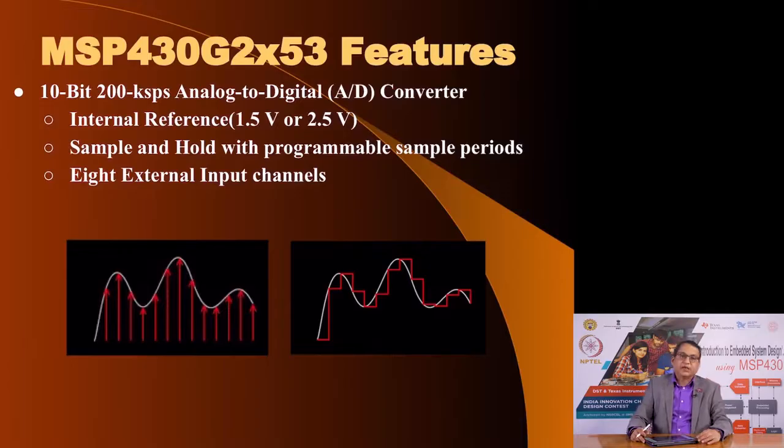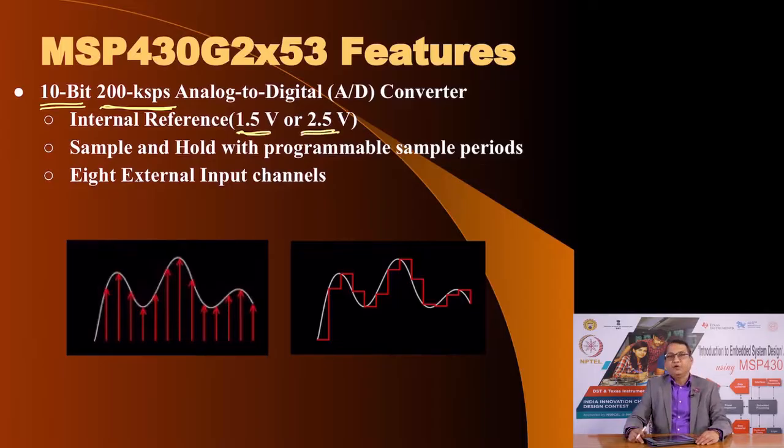The ADC is capable of 10 bits of resolution here and up to 200,000 samples per second. That is the kind of maximum sampling rate that you can achieve out of this ADC. ADC also requires a reference voltage, and you could choose an internal voltage reference of 1.5 or 2.5 volts.